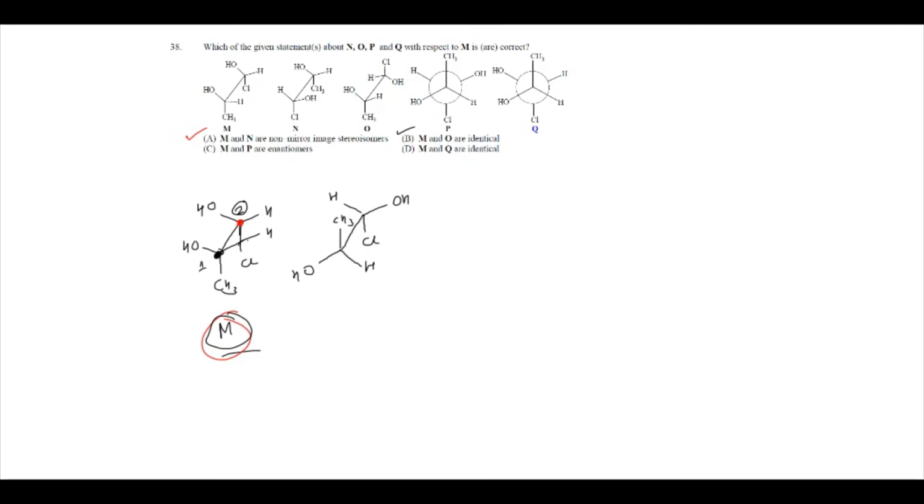Now to compare, the option says that M and P are enantiomers. That means they will be mirror images of one another. We can see that carbon 2 is already the mirror image. To check carbon 1, we have to reorient it. That means we have to rotate along this single bond, which is allowed. So I will rotate it 180 degrees.